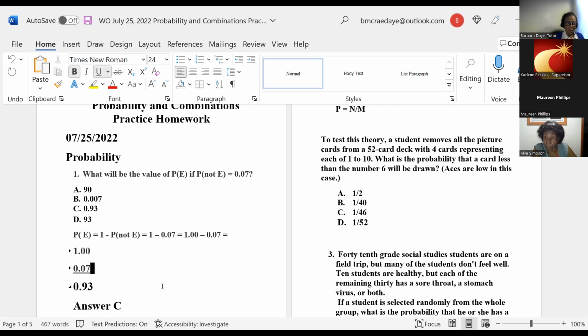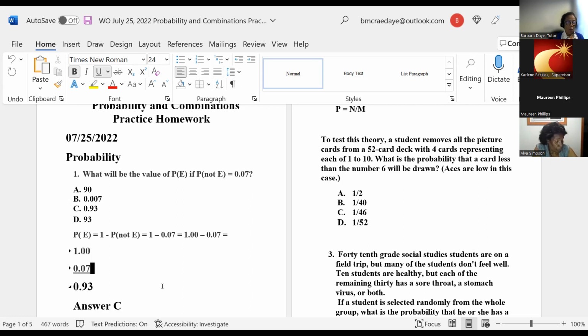Questions on number 1? No. Okay. All right. Just remember the key is all of your probabilities for a given event add up to 1 or 100%. Okay.